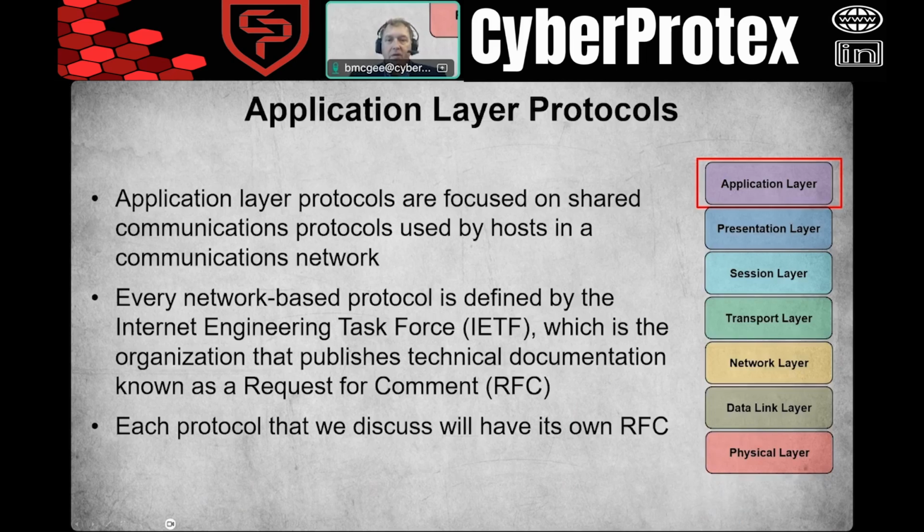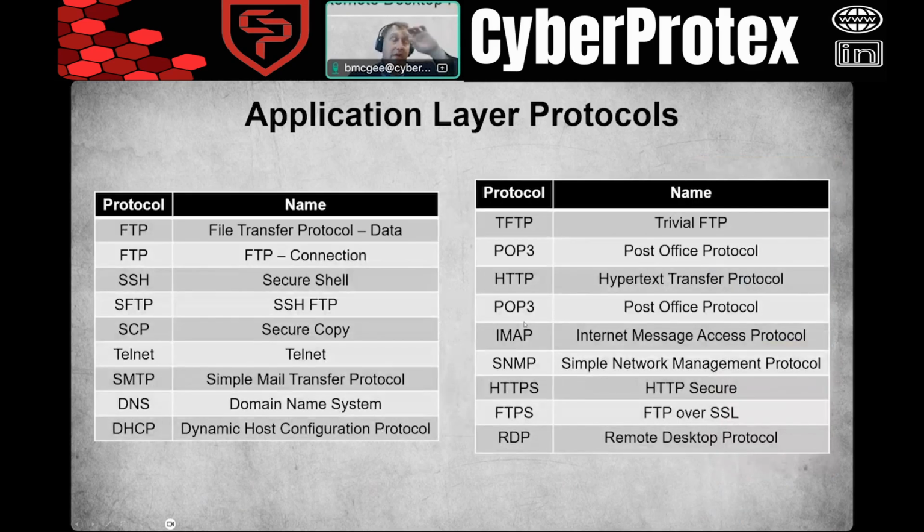Typically we'll have all sorts of different apps that run within the application layer. Probably the most prevalent ones that we use as consumers on our devices are over the internet: HTTP, HTTPS, IMAP, and maybe POP.